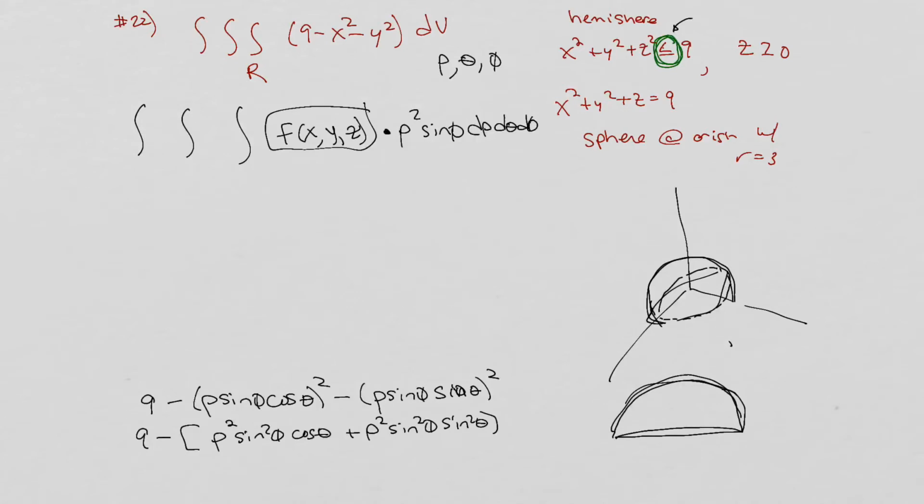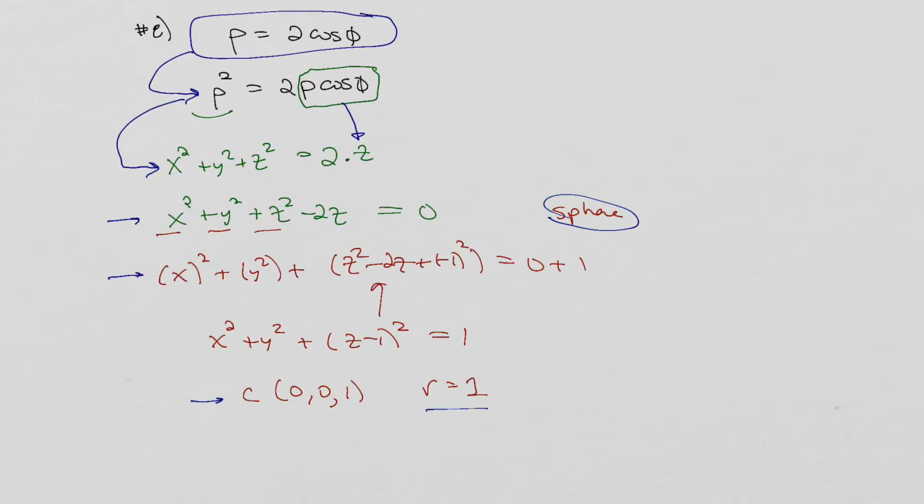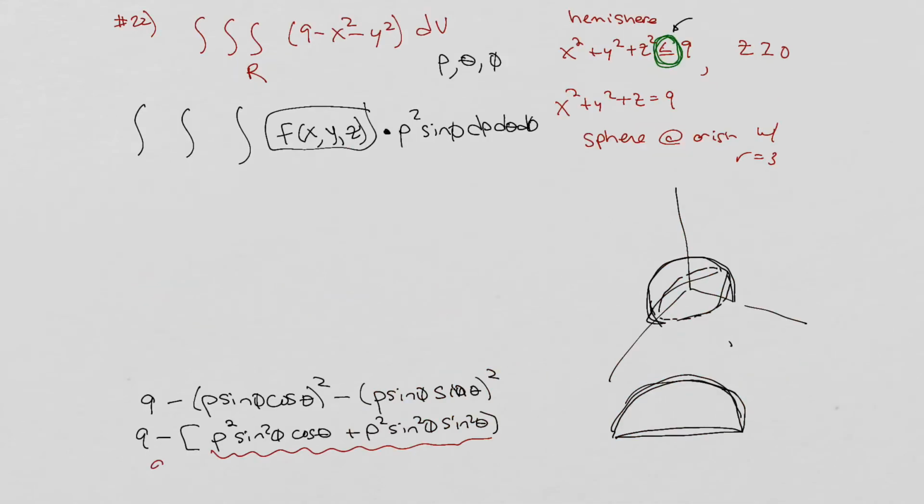And if you remember, we already saw this once today, right? We saw that when we were, where were we? Oh, right here, for this part. So this simplified into just this when we factored it, okay? So this part I could just write as rho squared sine squared phi.